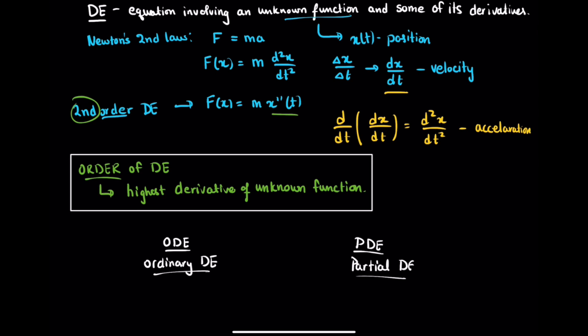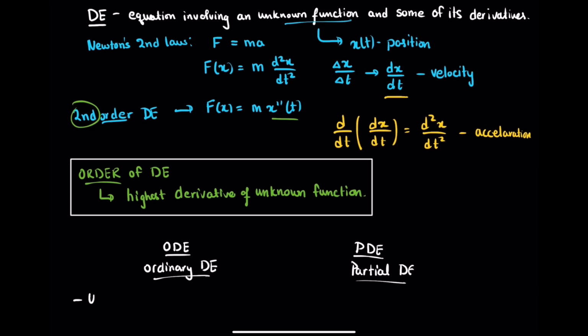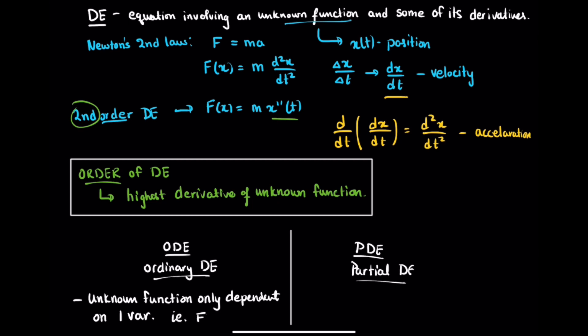So here I should write this: the unknown function is only dependent on one variable, for example f of x equals m times x double prime of t. There the position is dependent on time.